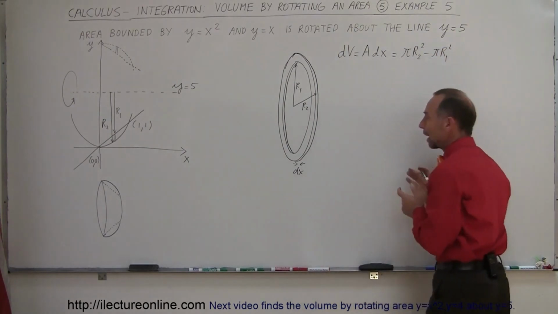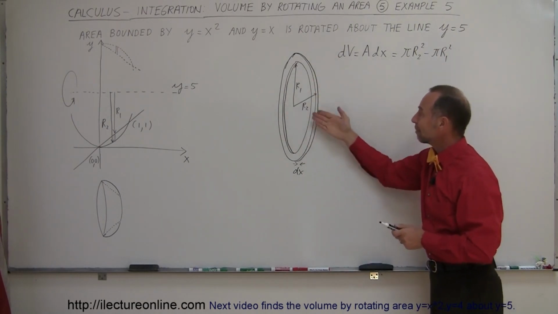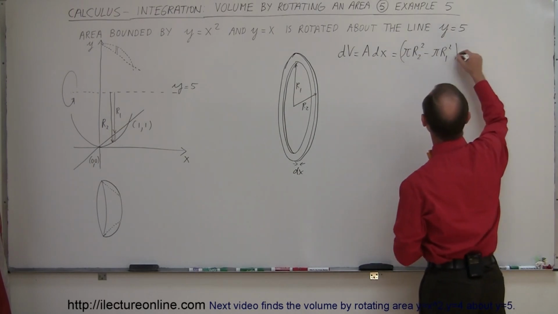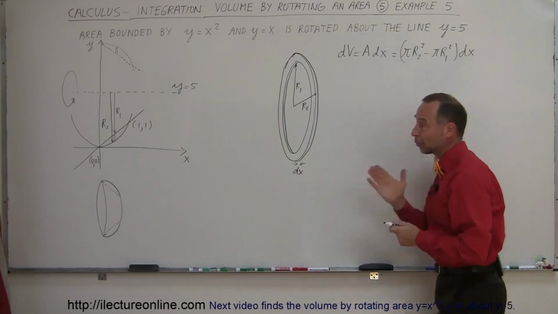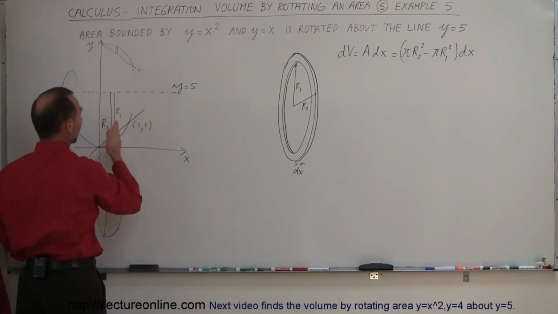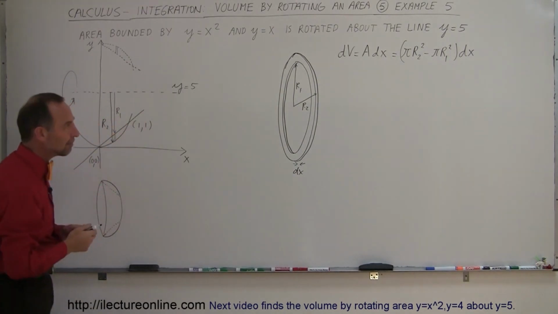And of course, this pi R1 squared would be the area of the hole. So the whole disk minus the hole gives you the area of the washer, times the thickness dx, which gives you the volume of the washer. And then of course, we're going to sum up all the washers. When we slice this whole thing up into an infinite number of slices, we add them all up. That's of course the integral of all the dVs.